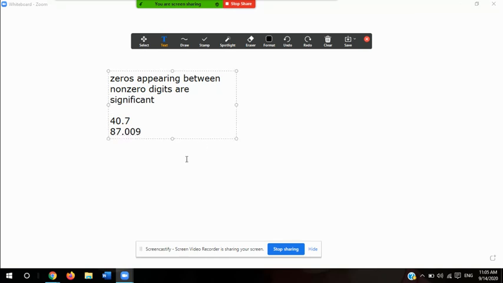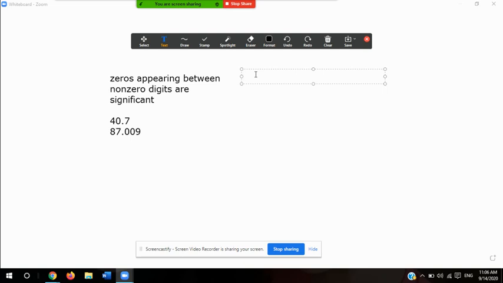In the case of the 40.7, the zero is between the 4 and the 7. And in the case of the 87.009, the zeros are between the 7 and the 9. So as long as I have a zero between two numbers that are not zero, that means that they're significant. So that would be rule number one.